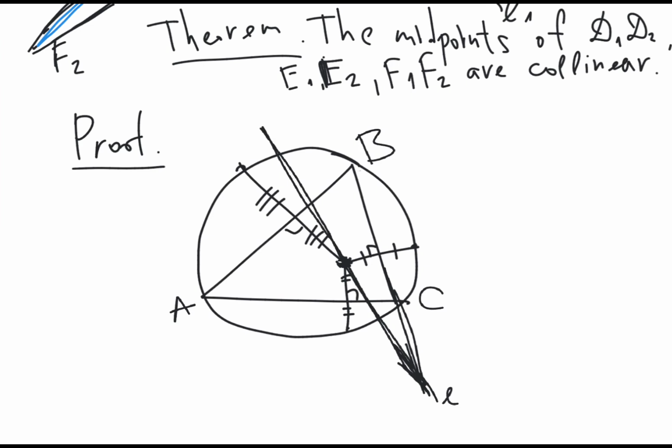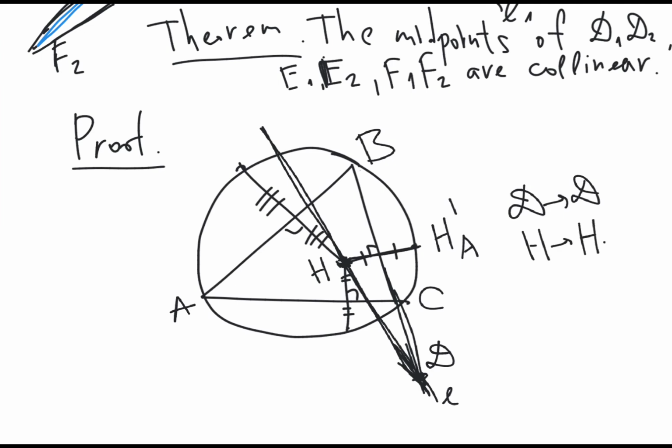So one point, H, we denote its reflection as HA prime, right? We construct the reflection of one point and the reflection of the intersection of this line L with BC, let's denote it by D. It is mapped to itself. So D is mapped to D. In this reflection, H is mapped to HA prime.